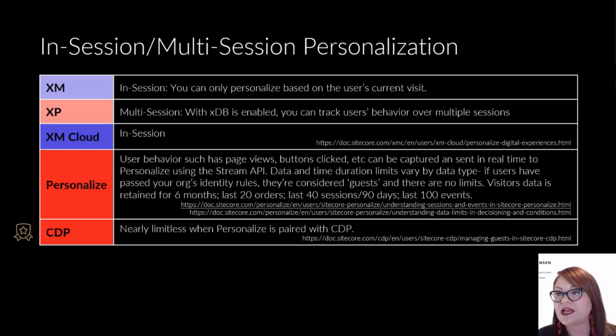Now, when you get to Personalize and CDP, you can do some really, really fun stuff, especially when you have CDP working with it. What you can learn about your users and their behavior, their engagement, and their preferences is almost limitless. With CDP, it depends on where you're pulling data from and how it's set up.